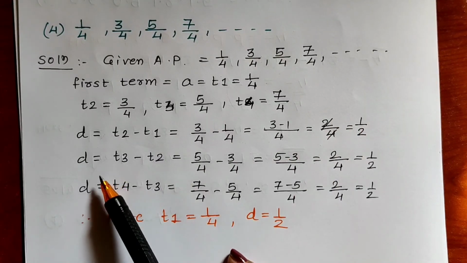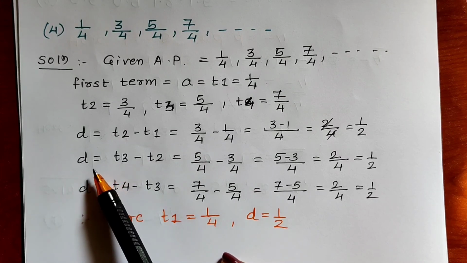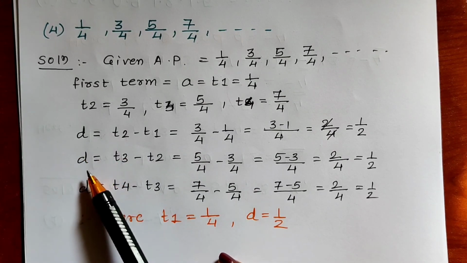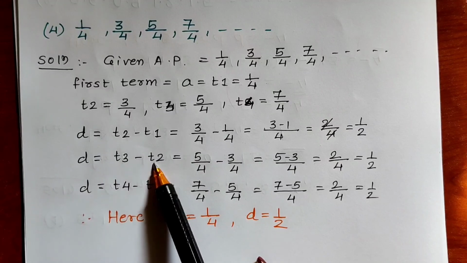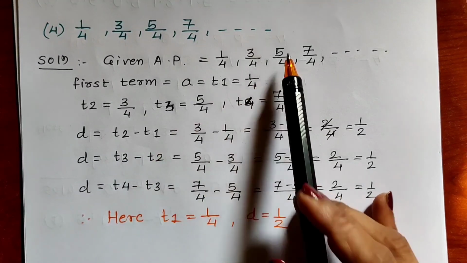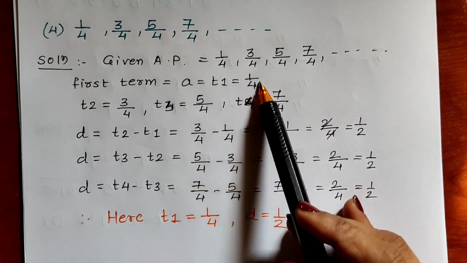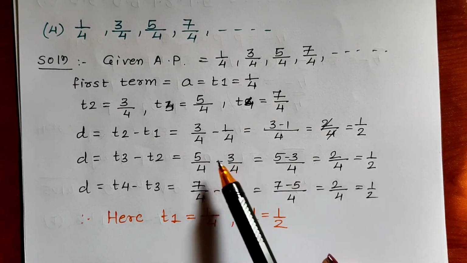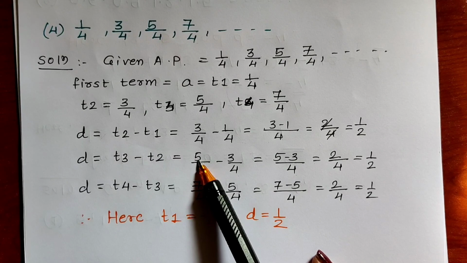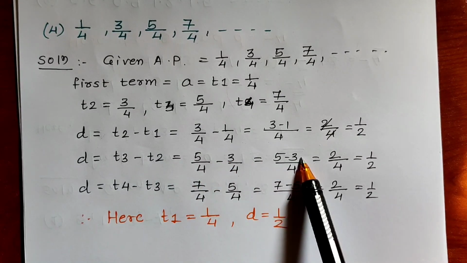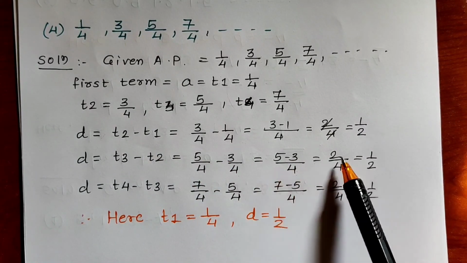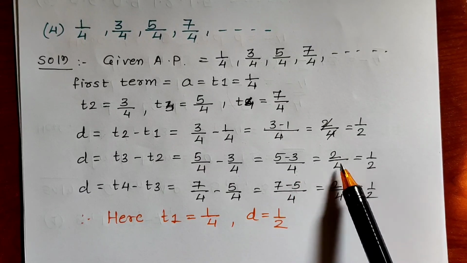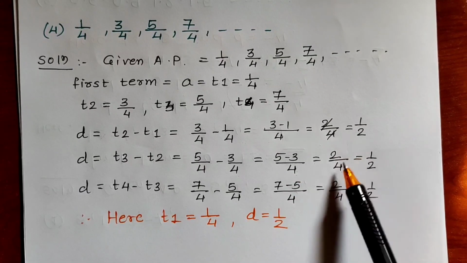Let us find out whether we get the common difference 1 upon 2 for the second subtraction also. So D is equal to T3 minus T2. T3 is 5 upon 4. T2 is 3 upon 4. Again 4 is the common denominator, we write it one time, and in the numerator we do the subtraction, 5 minus 3 upon 4. 5 minus 3 is 2 upon 4, again we can cancel it. 2 ones are 2, 2 twos are 4.